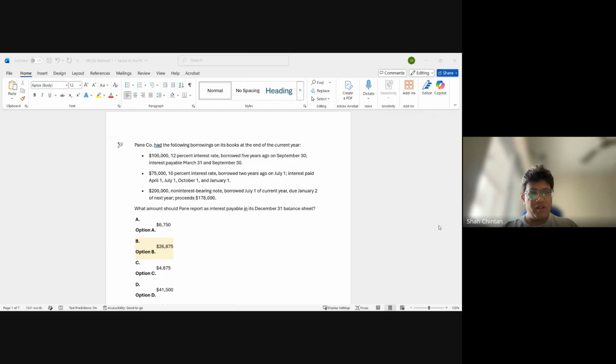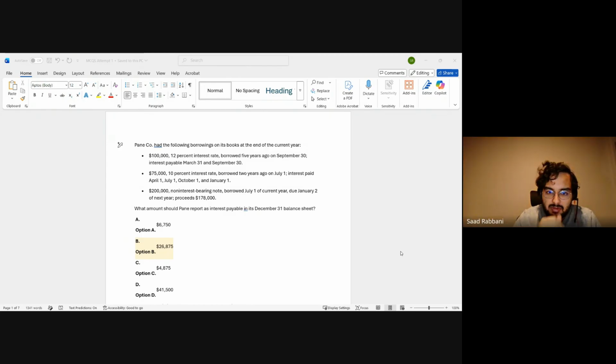Interest is paid in April, July, October, and January. And the third one, a $200,000 non-interest bearing note borrowed on July 1 of the current year, due next year. Proceeds you have received are 178K. It means that indirectly you have paid an interest. So you got a zero discount note, but you are paying higher repayments.